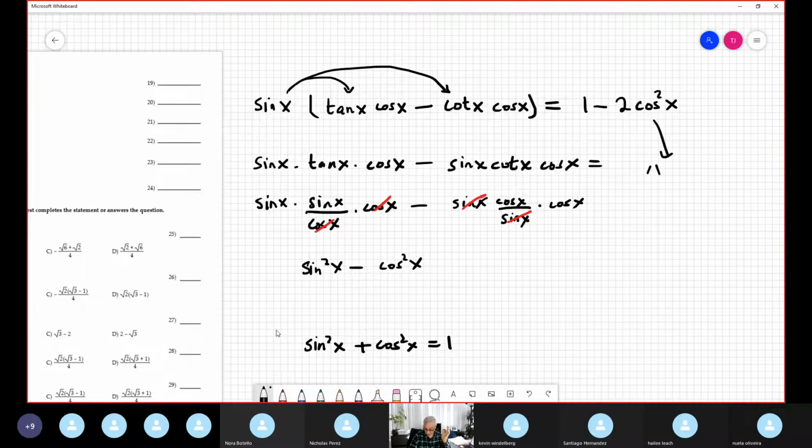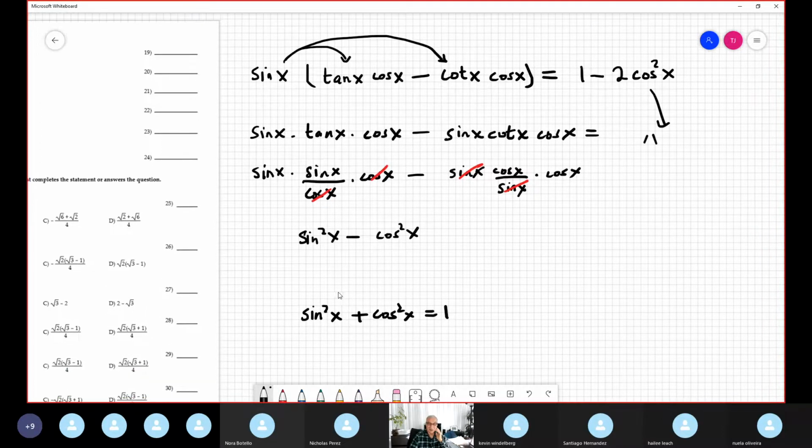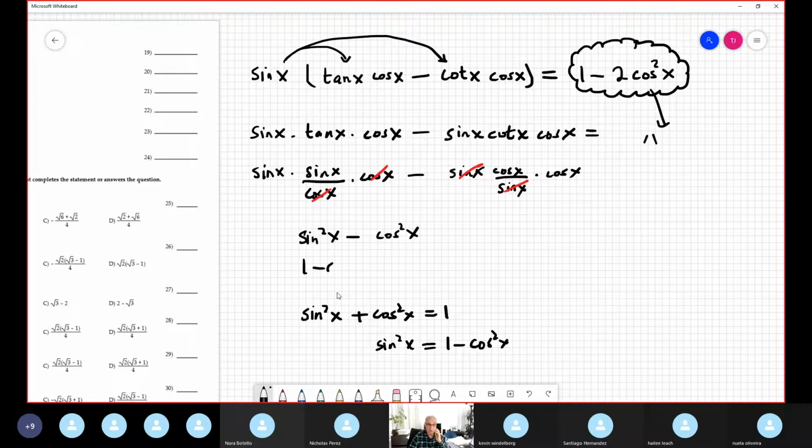And maybe I replace sine square. What is the reason? Because my right hand side contains only cosine, so I need to eliminate the sine. Sine square x is 1 minus cosine square x. So I replace: 1 minus cosine square x minus another cosine square x.